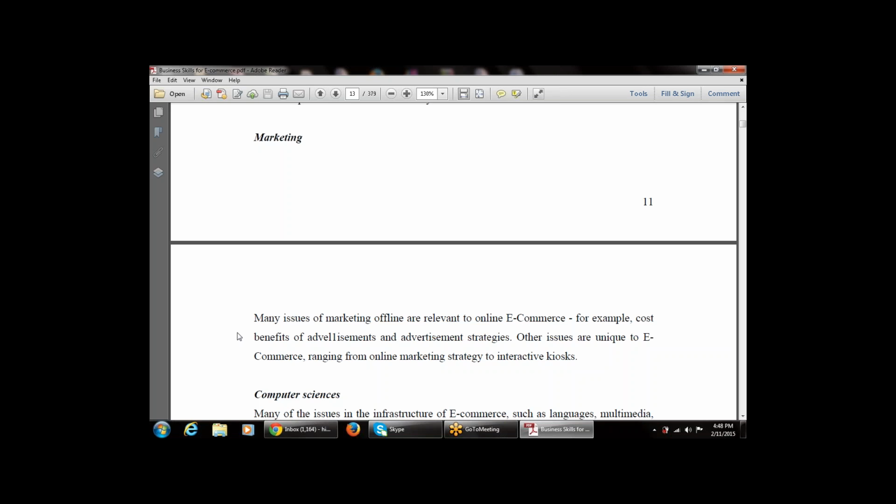Other issues that are unique to e-commerce range from online marketing to interactive catalogs. That is, we can do the marketing with the help of e-commerce, the electronic commerce. We can do the marketing with the help of websites. For example, if you open any website, gmail.com for example, there are multiple relevant advertisements available over the website.